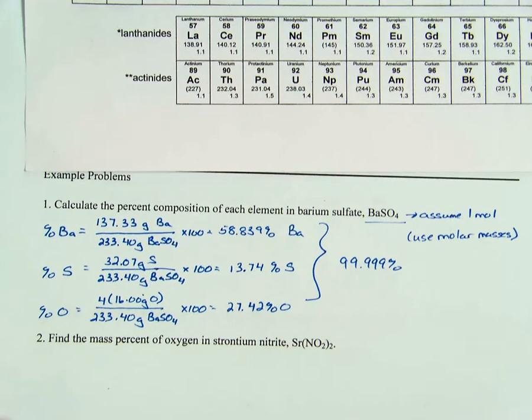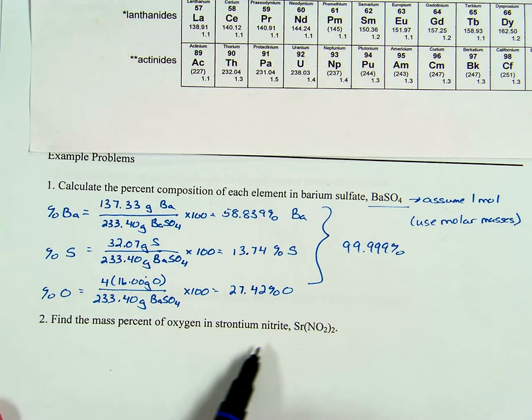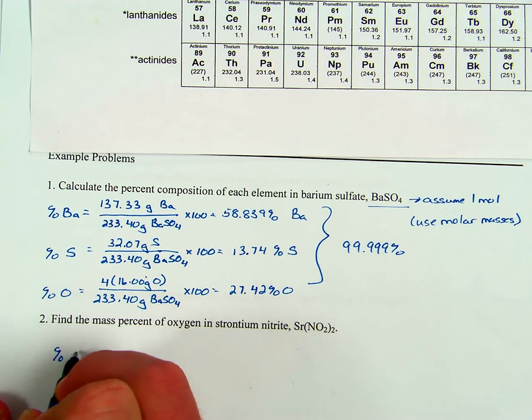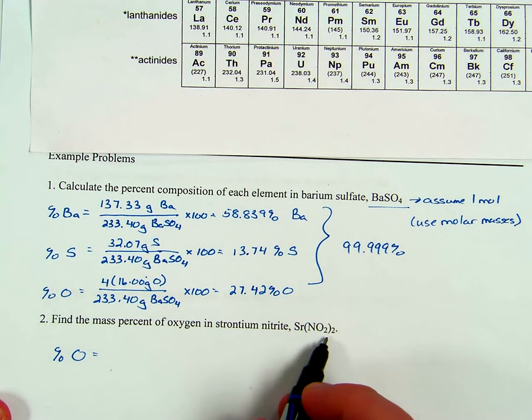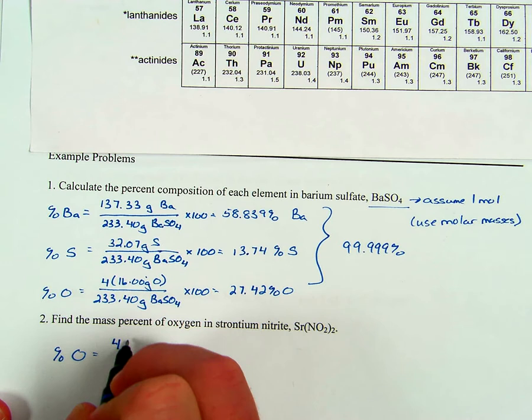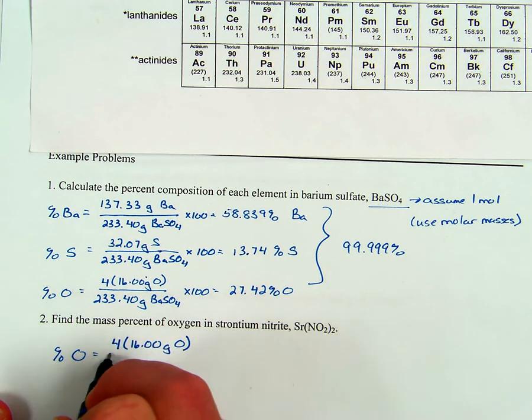It says, find the mass percent, remember that's the same thing as percent composition, of oxygen in strontium nitrite, and we're given the formula there. So here we're just asked to find the percent composition of one element, the oxygen. If I look at the formula, I can see there are 4 moles of oxygen. So I want to do 4 times the molar mass of oxygen divided by the mass of the whole compound.